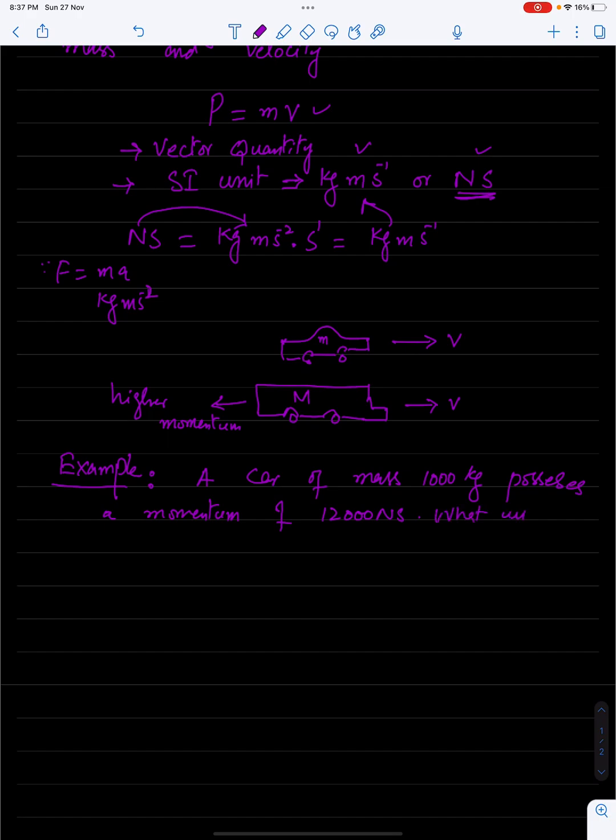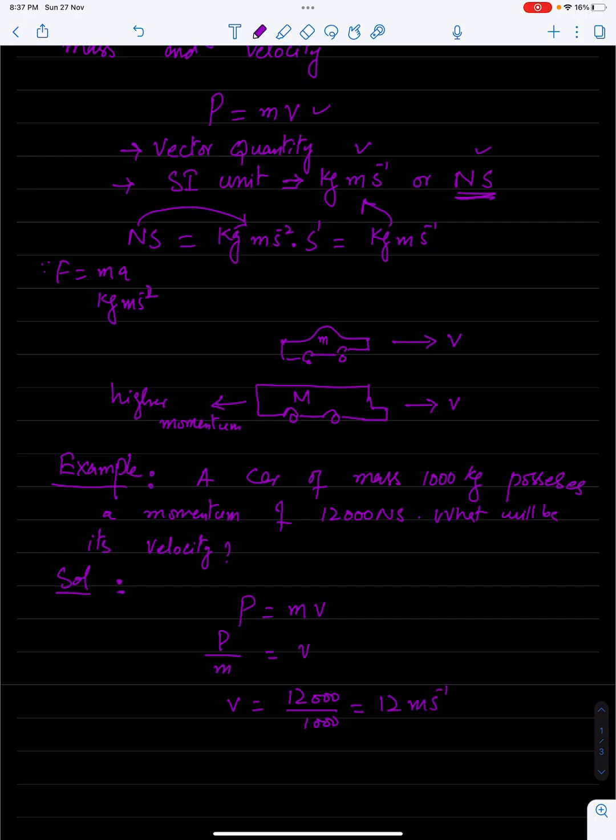What will be its velocity? Definitely, as we know that momentum is the product of mass and velocity, since we have to find velocity, it will be momentum divided by mass. So by dividing these values, we get 12,000 over 1000. Simply it is 12 meter per second, the velocity of the car.